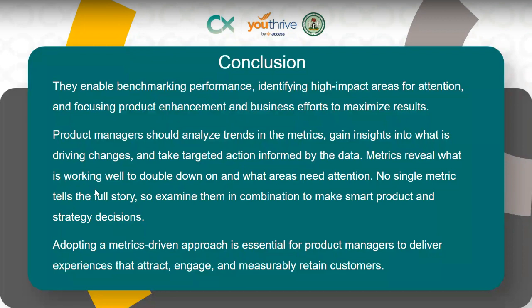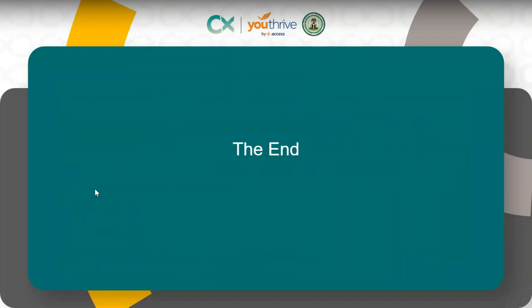You are looking at these metrics, comparing them with the previous ones, and making decisions based on that. So adopting a metric-driven approach is essential as a product manager to deliver experiences that attract, engage, and measurably retain customers.